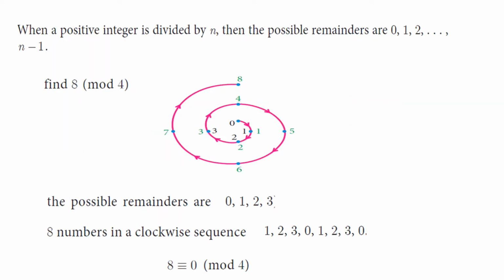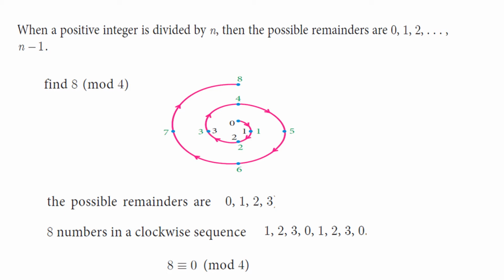If a positive integer is divided by n, then the possible remainders are 0, 1, 2 up to n minus 1. For example, take 8 mod 4. Modulus 4 means the possible remainders are 0, 1, 2, 3. So we draw a diagram like a clock with the numbers 0, 1, 2, 3, and we start with 0 and go through those 8 numbers in clockwise direction.